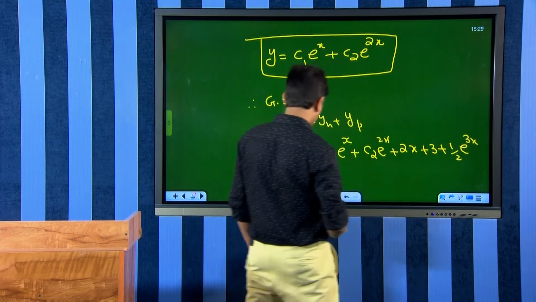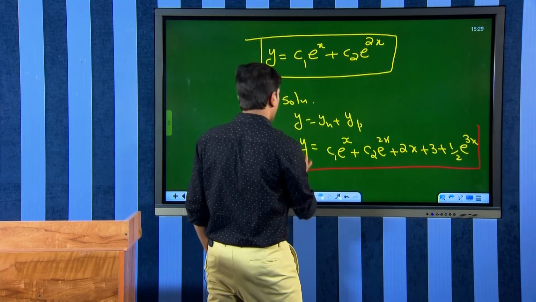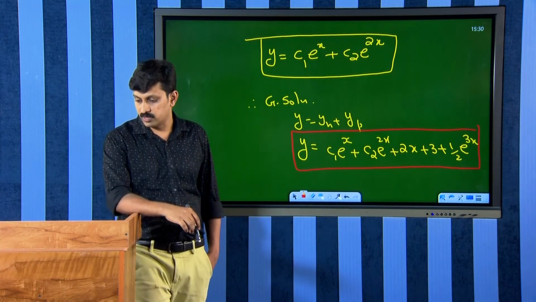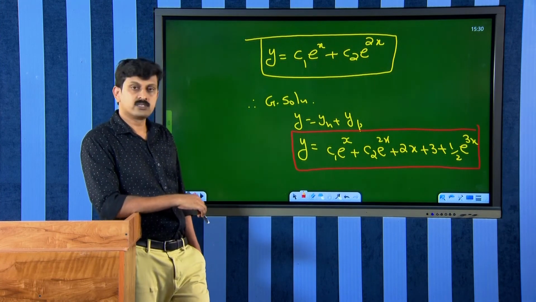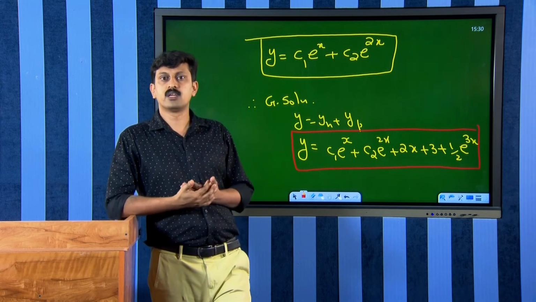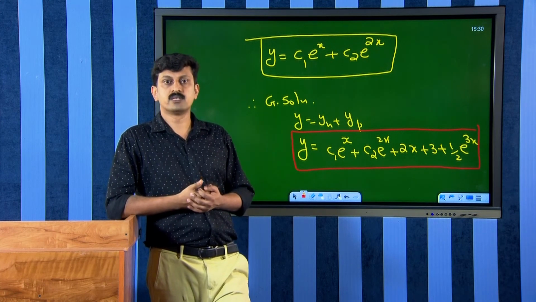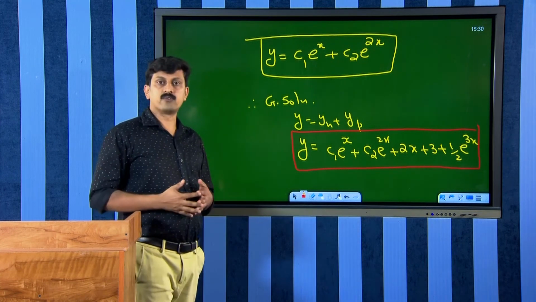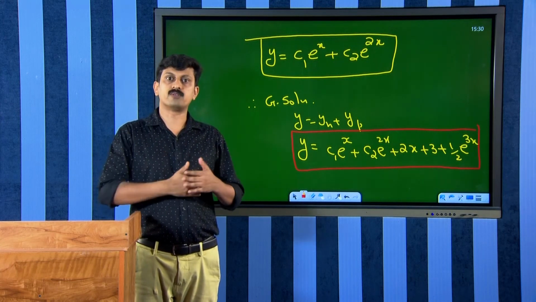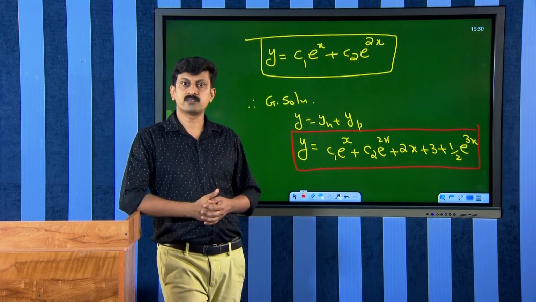This is the general solution of the given non-homogeneous equation by using the method of undetermined coefficients. We can solve many interesting questions using this method. You may try to solve more problems on the method of undetermined coefficients. Thank you for watching. Thank you very much.